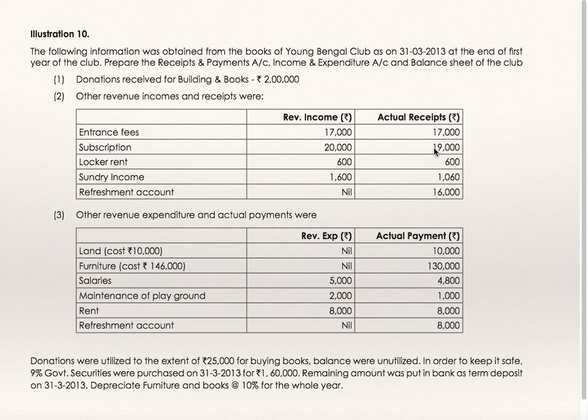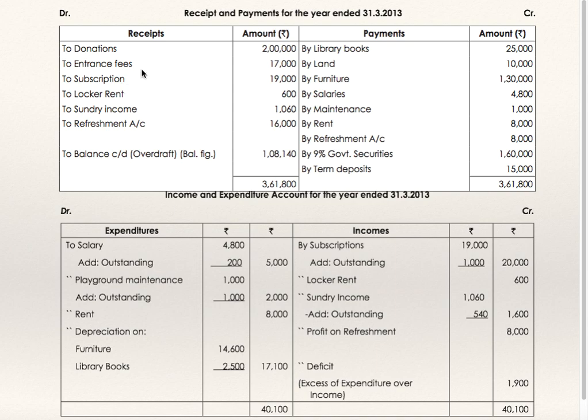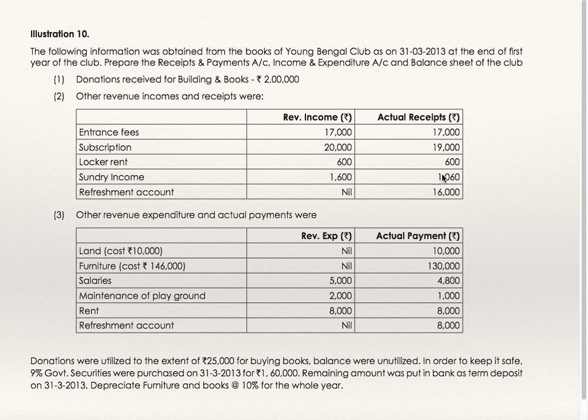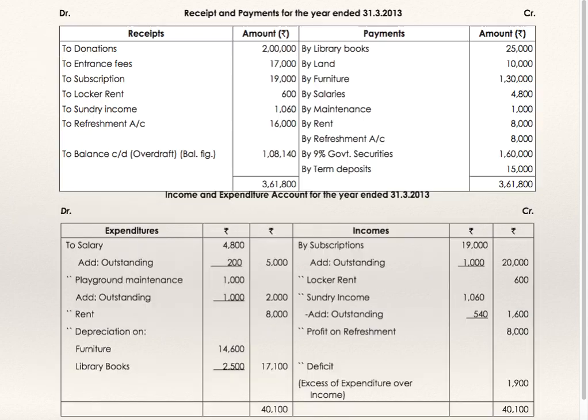Actual receipt is 19,000 and income is 20,000. To subscription 19,000. By subscription 19,000 plus outstanding 1,000. Outstanding will go on the asset side. Outstanding subscription 1,000. Locker rent 600 as receipt and 600 as income.